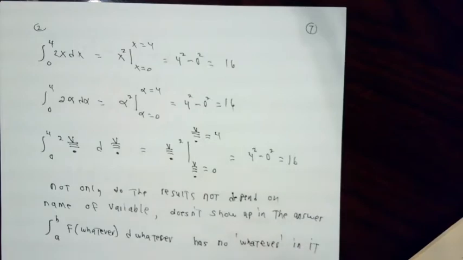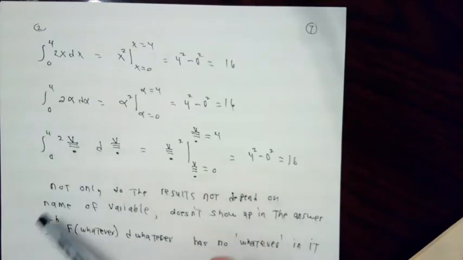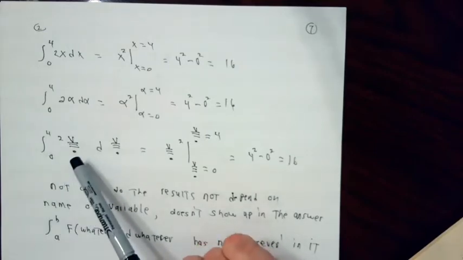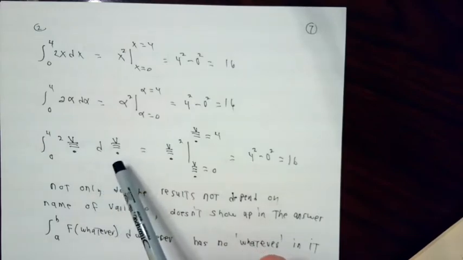In the third line, I've made up a nonsense symbol. It's a V with 3 underscores and a dot. That's the name of my variable. I'd like to find the integral from 0 to 4 of 2 times this funny symbol, integrated with respect to the values of this funny symbol.